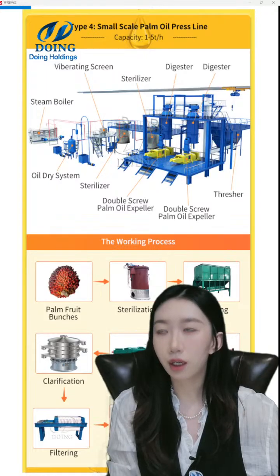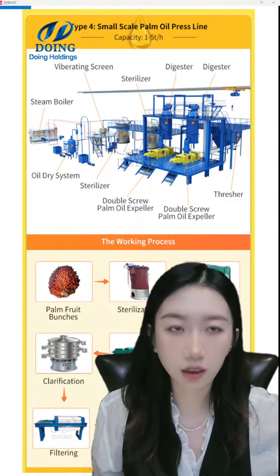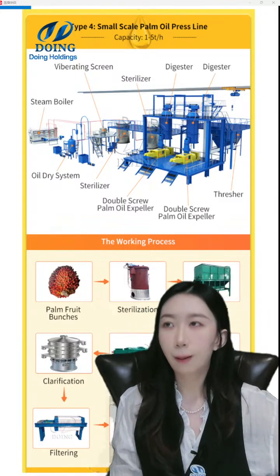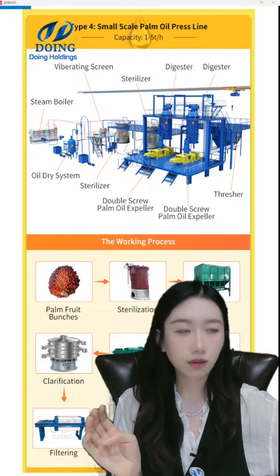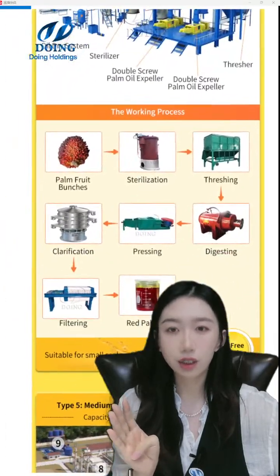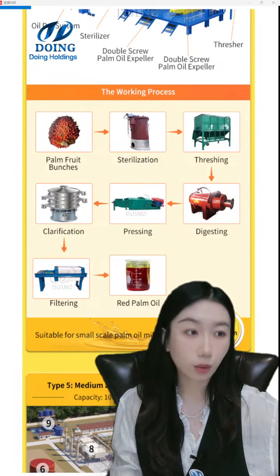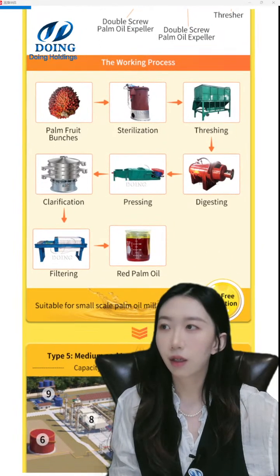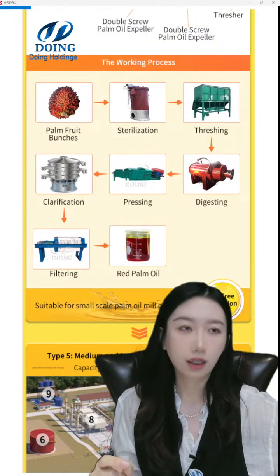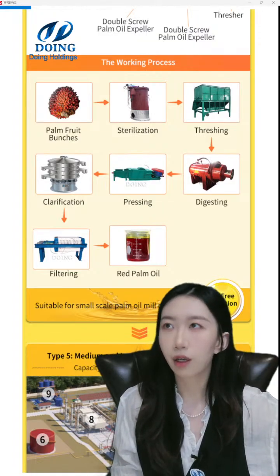This production line is divided into several steps: sterilization, threshing, digesting, pressing, clarification, filtering, and vacuum drying.